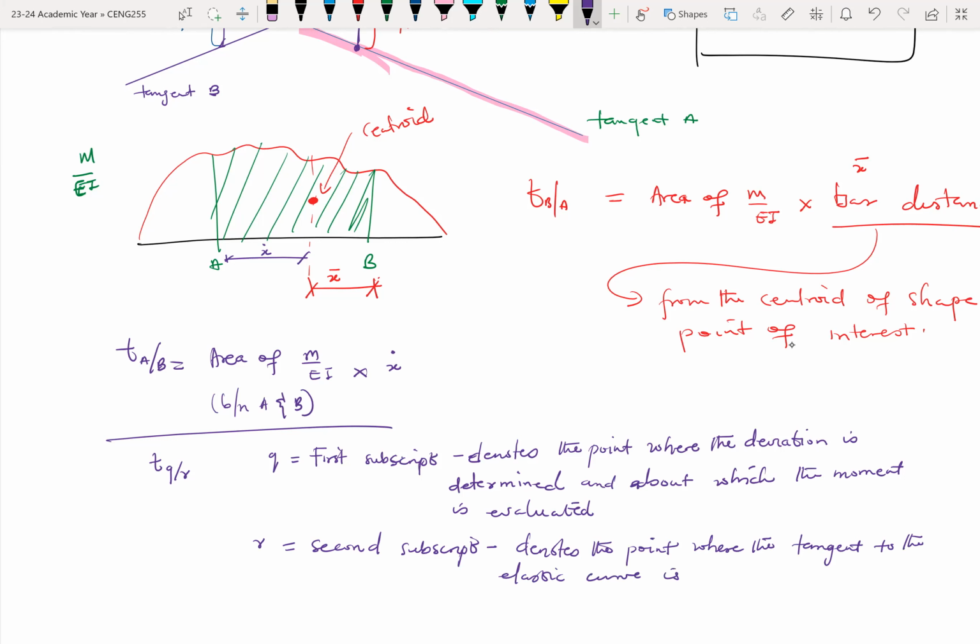Just to explain the two subscripts for us, the most important thing here is understanding what the deviation is, and also where to find your moment.